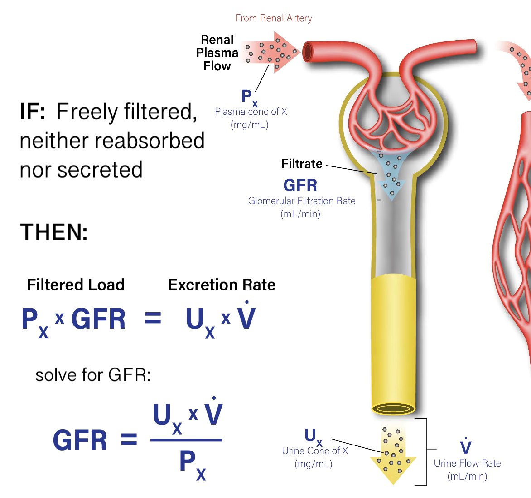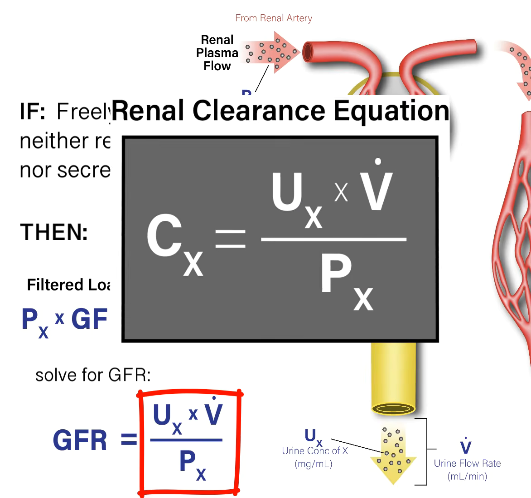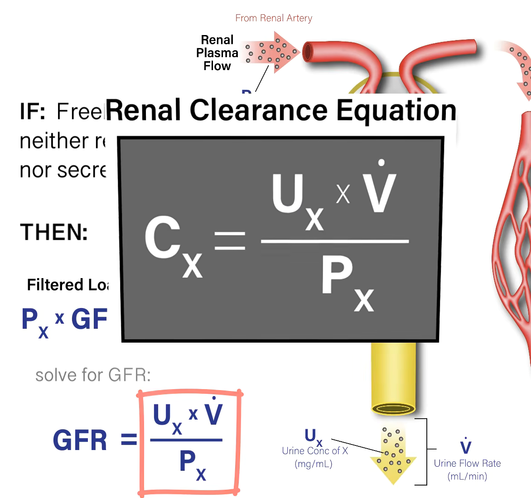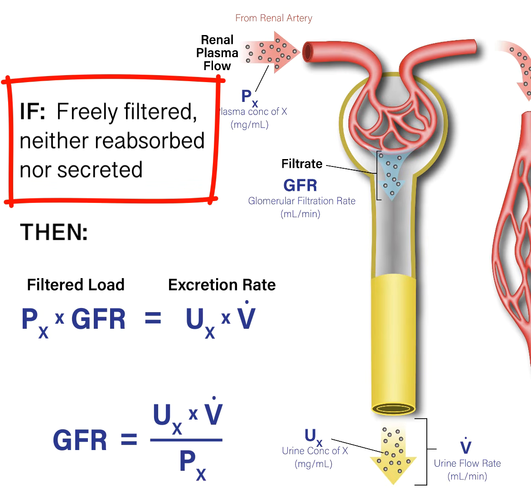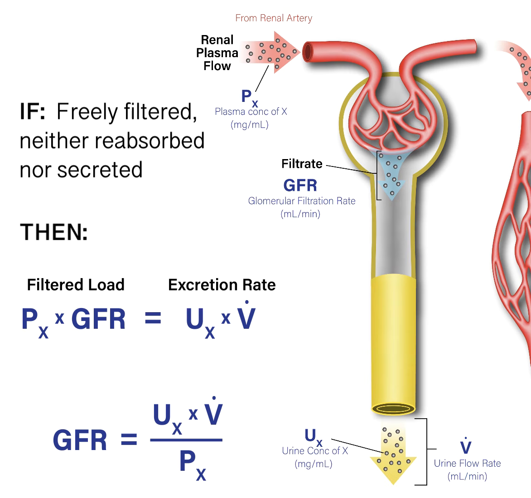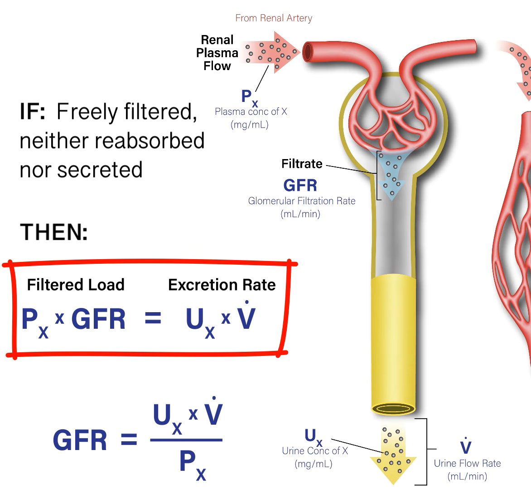If we rearrange this expression and solve for GFR, we can see that GFR is equal to the renal clearance of substance X. Note, this is only true if substance X is freely filtered and neither reabsorbed nor secreted, such that the filtered load equals the urinary rate of excretion.